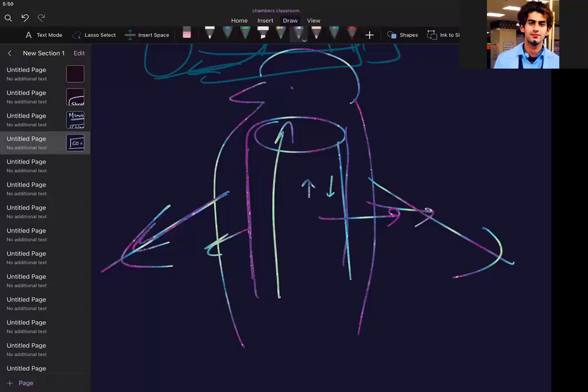I am giving more space. When I am decreasing the pressure, I am sucking more blood towards the chest. That means I am facilitating the venous blood to come into the heart. That is the concept you have to remember.